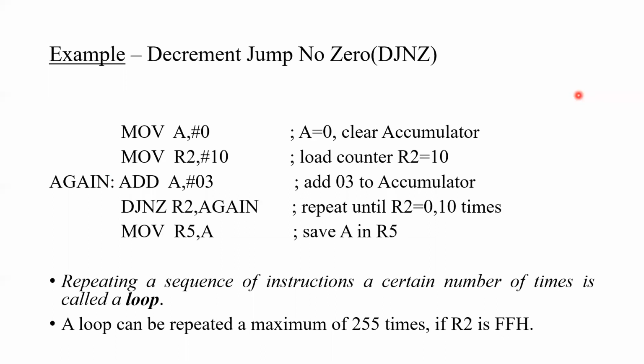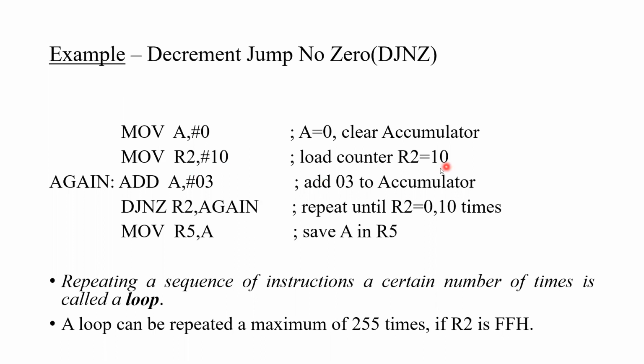Decrement jump, not zero. The program says MOV A, #00H, so the accumulator content is set to 0. That's clearing the accumulator. MOV R2, #10: load counter R2 equal to 10.